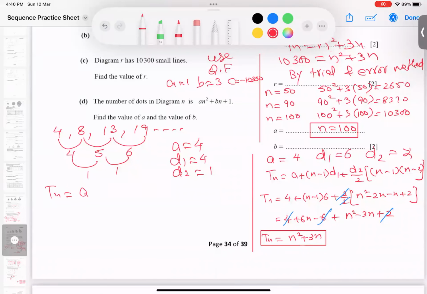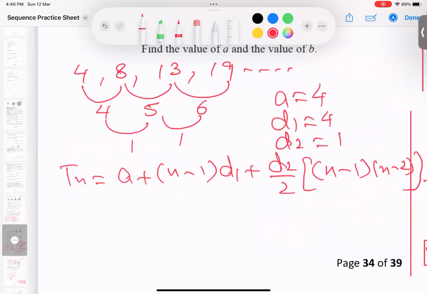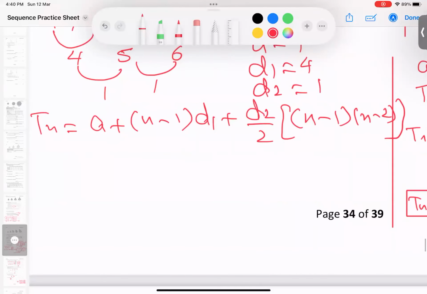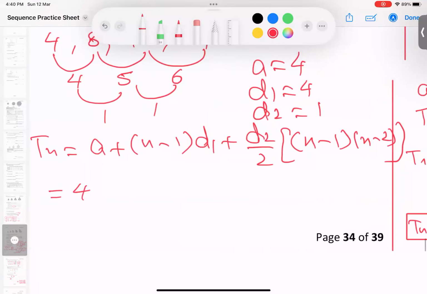Tn equals A plus n minus 1 times D1, plus D2 by 2 in the bracket, n minus 1, n minus 2. Now, my students, I will plug in the values, and that's it. A is 4, n is n, D1 is 4, D2 is 1.